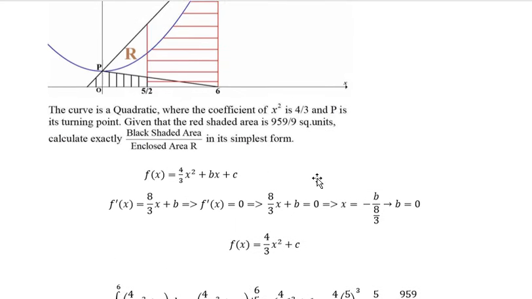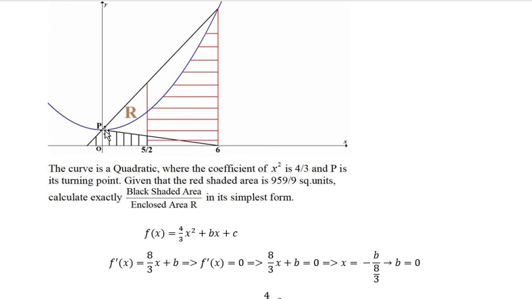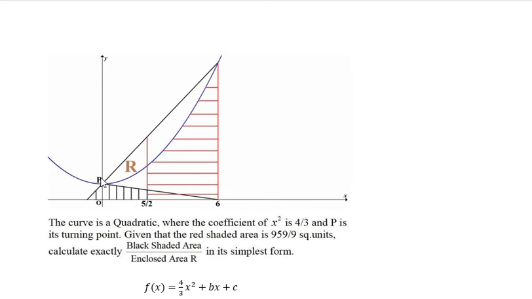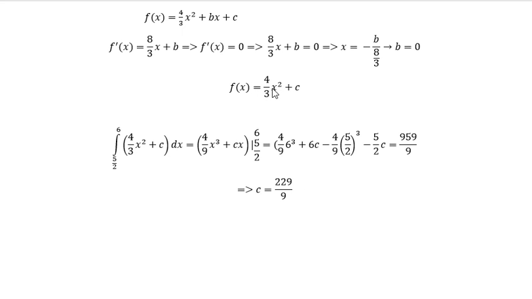Now we have the turning point at x equal to 0, so we can find the y value of P by putting x equal to 0. The y value is 229 over 9, so the point P is 0 and 229 over 9.